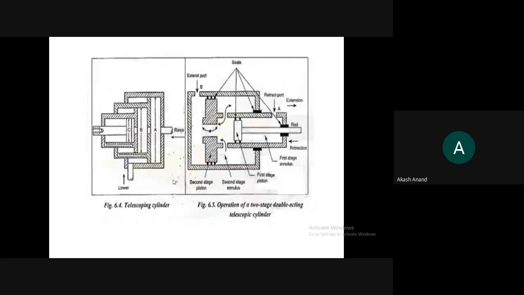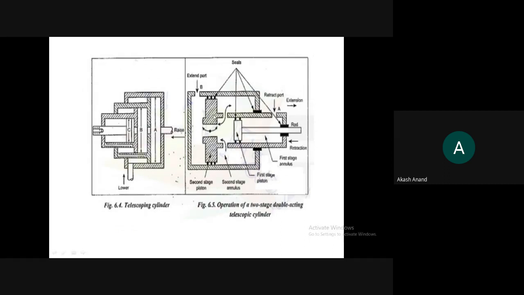This is the actual drawing of a two-stage telescopic cylinder. You can see on the diagram on the right side that, as a double acting cylinder, it has two ports, port A and port B, like an ordinary double acting cylinder. But the inside arrangement of this telescopic cylinder is a little bit complex.